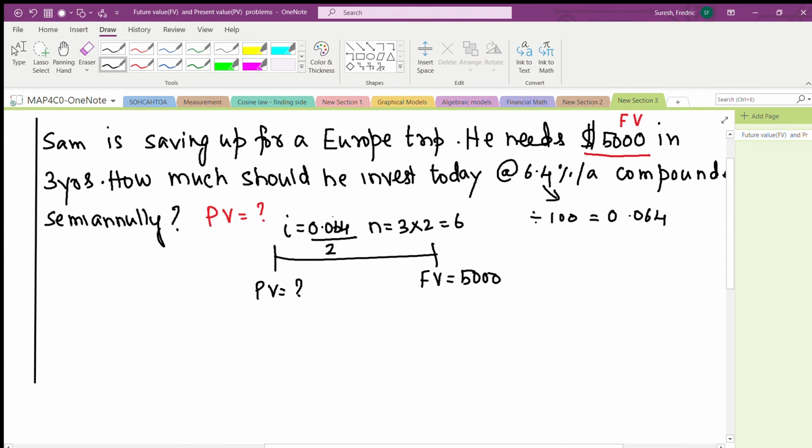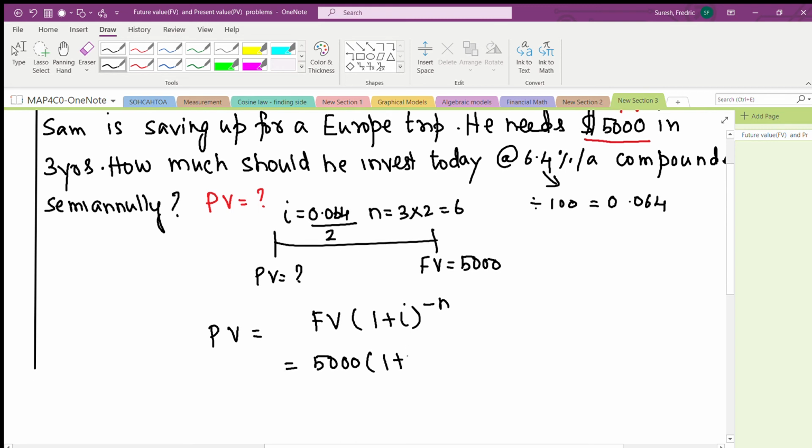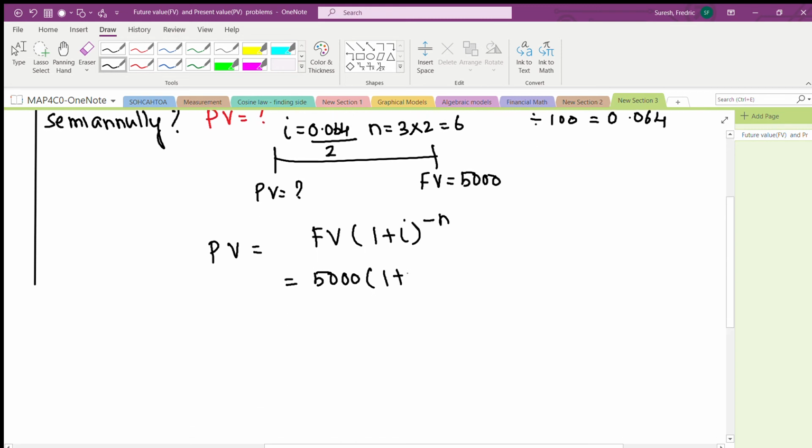So the PV formula is FV times (1 plus I), and this time it is to the power of negative n. So put the 5,000 here, times (1 plus 0.064 divided by 2) to the power of negative 6.